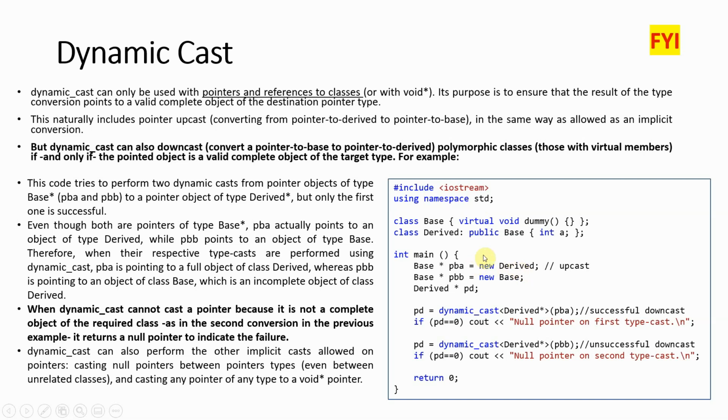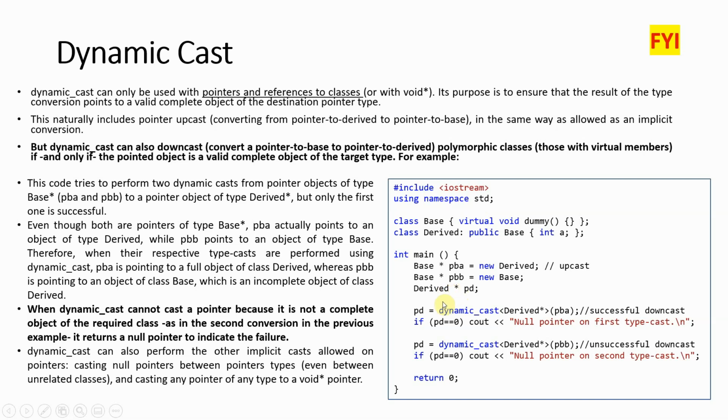This is automatic casting, upcasting. So this object is going to be upcasted as a base object, right? So we have two pointers. Both of them are of type Base star, but one of them is pointing to a derived object. The other one is pointing to a base object. And we have another pointer which is of type Derived pointer.